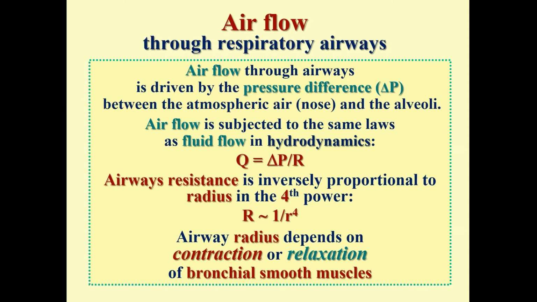In order to do it, we need to have greater difference of pressures. And it can be achieved by deeper inspiration and correspondingly stronger expiration. But also we can decrease resistance. And resistance decrease occurs when there is a dilation of bronchi.